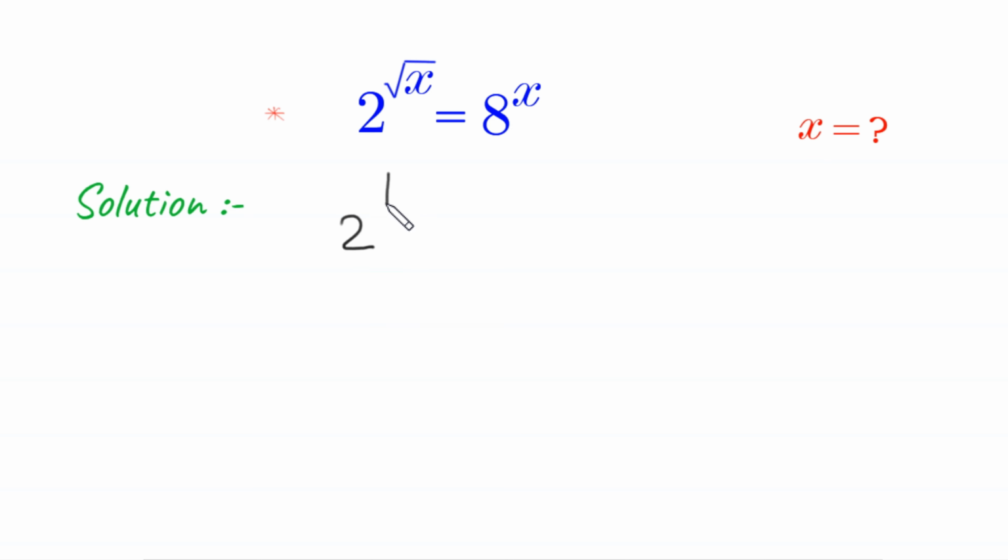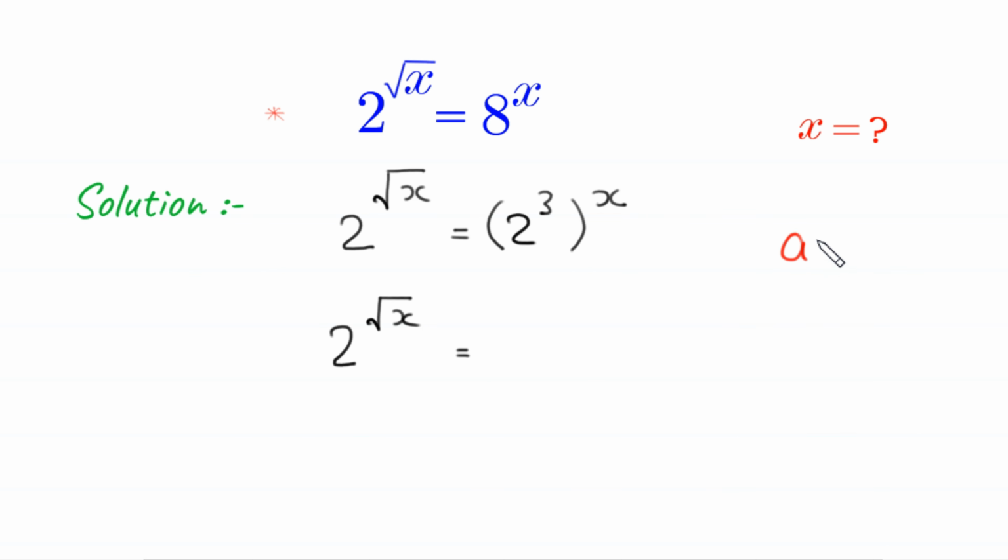2 to the power root x is equal to, this 8 can be written as 2 cubed whole to the power x. Next, by using the property a to the power m whole to the power n is equal to a to the power m times n, 2 to the power 3 whole to the power x will become 2 to the power 3x.